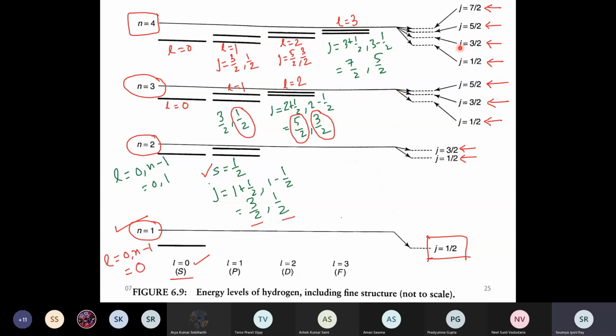Similarly, for n equal to 3, J equal to 5 by 2 can appear for L equal to 2 and L equal to 3, and J equal to 3 by 2 can appear for L equal to 1 and L equal to 2. This means that one specific value of J, which I am using here to denote a particular fine structure level, can originate from more than one spectroscopic term. Is this part clear?